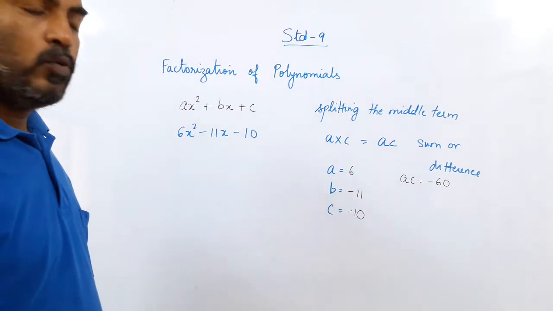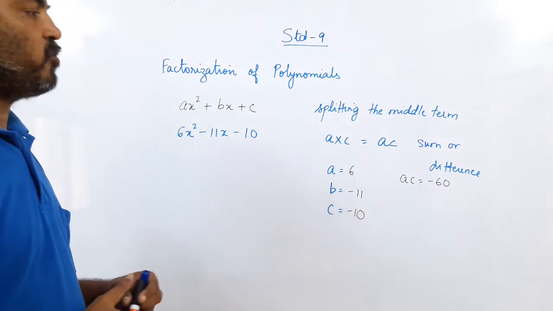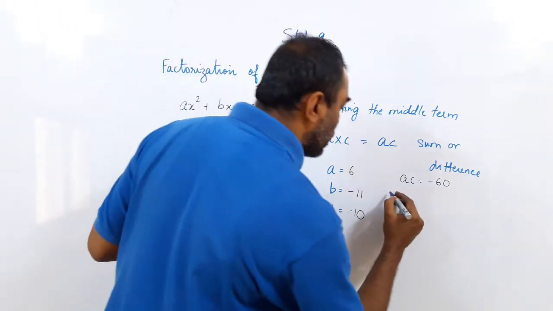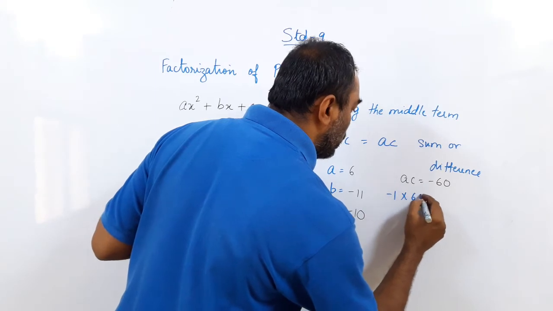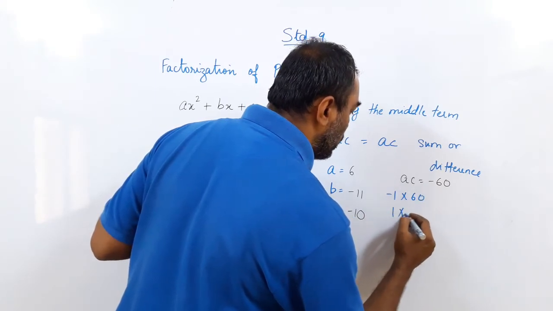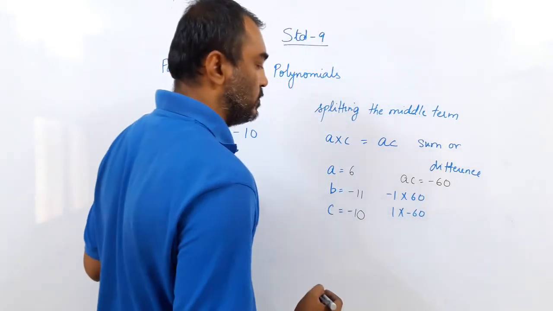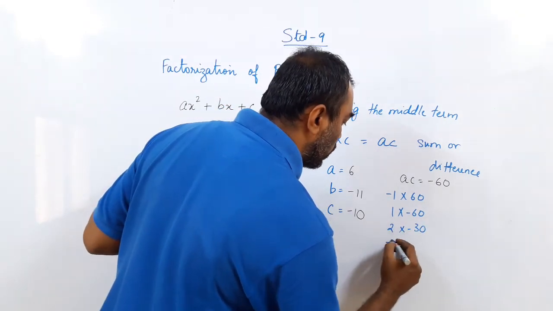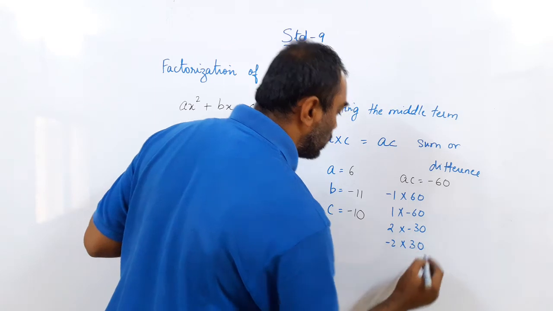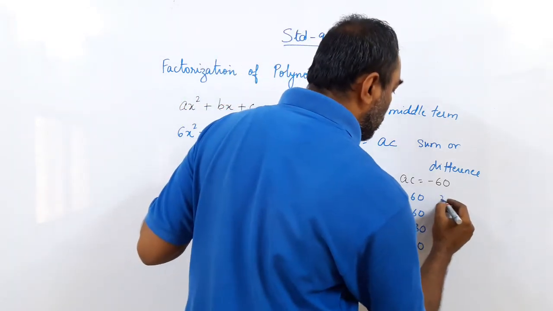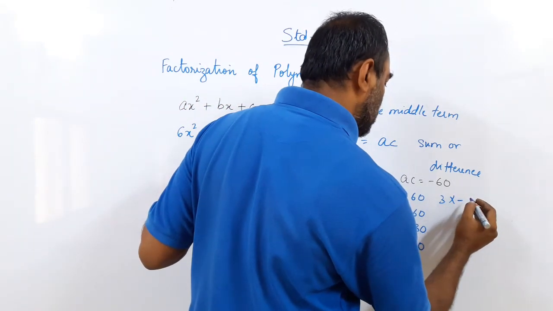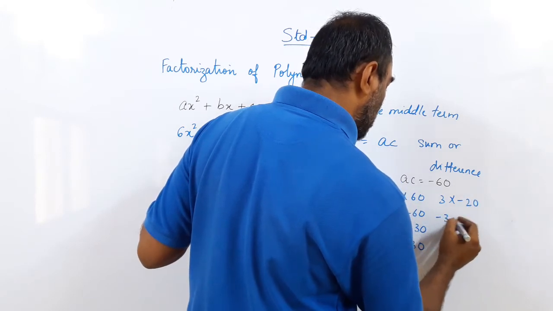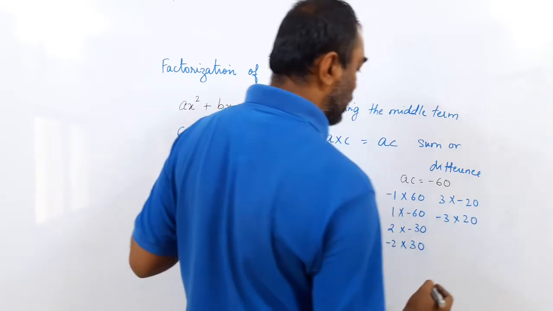Now what is the step I do next? I write down the factors of minus 60. So that will be a very, very long list. Minus 1 into 60 or 1 into minus 60. Then 2 into minus 30 or minus 2 into 30. Then 3 into minus 20 or minus 3 into 20.